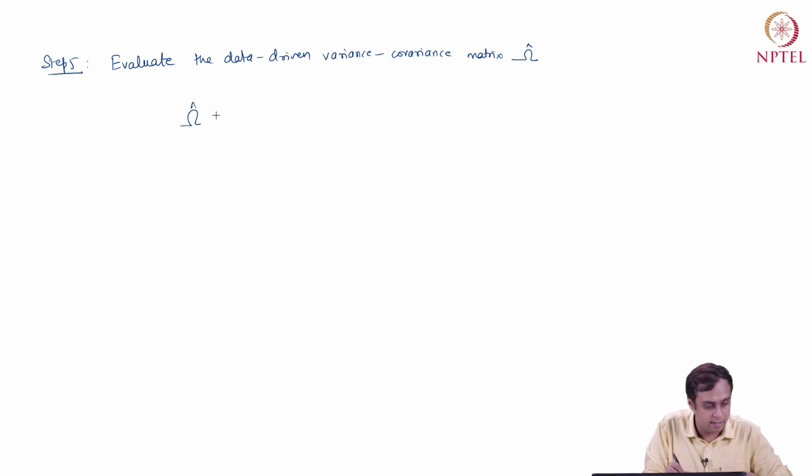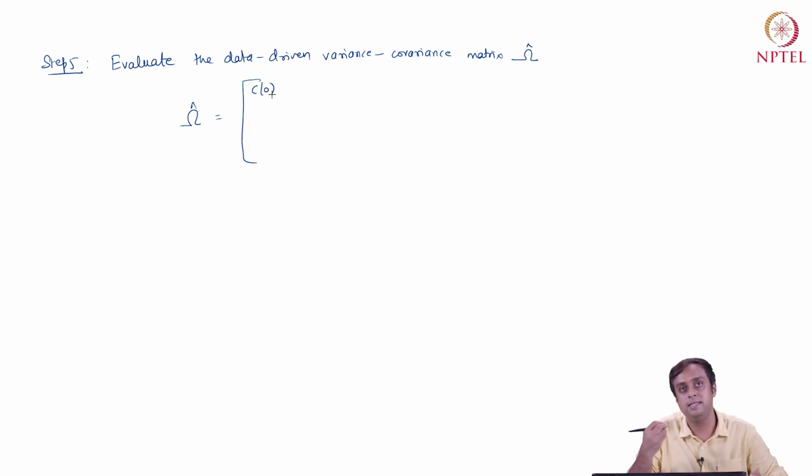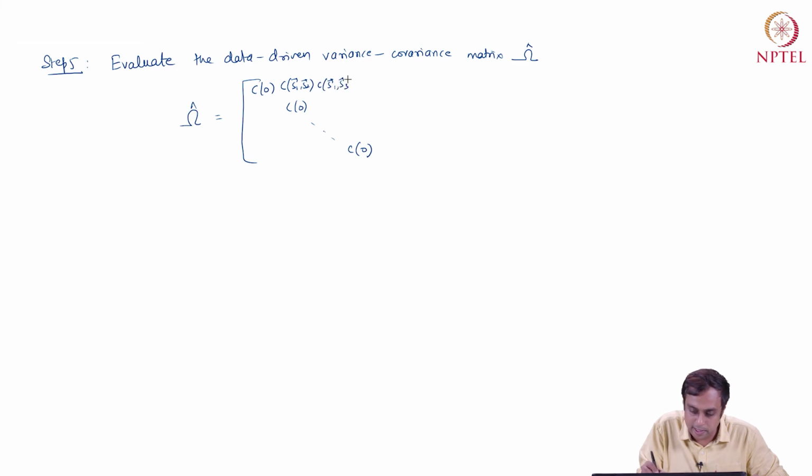Omega hat is now going to be C0. C0 is the sill, right, the large scale variation. It's going to be C0s, C0s, C0s. And here I have C S1, S2, C S1, S3, keep going, C S1, Sn.